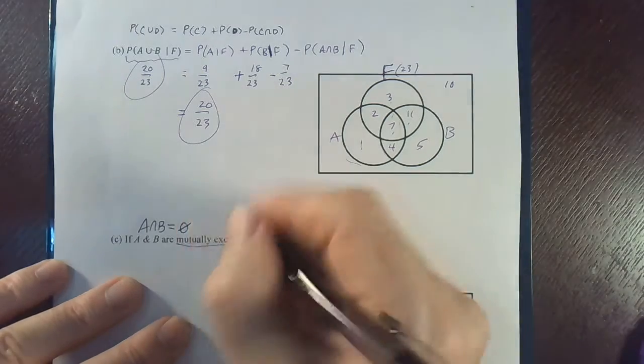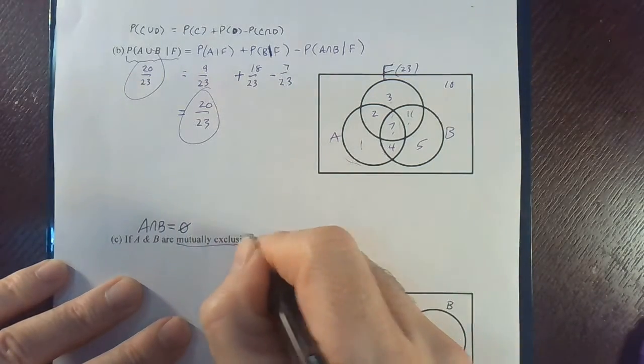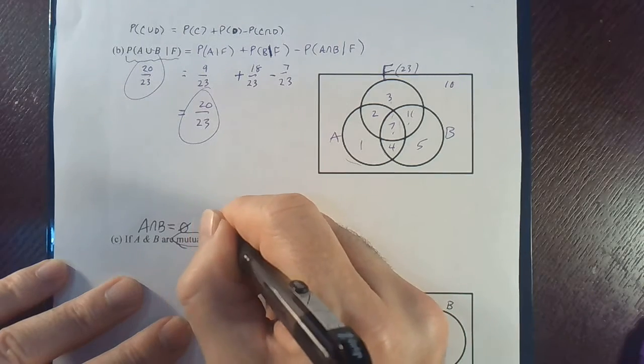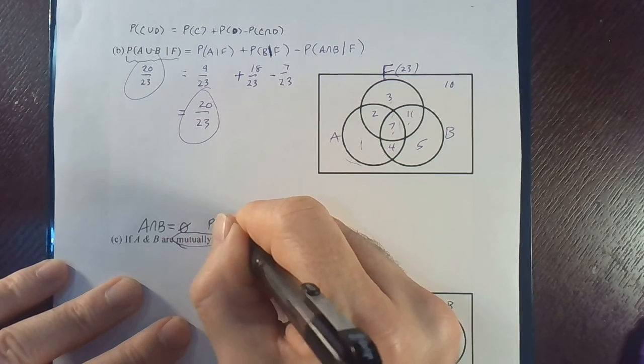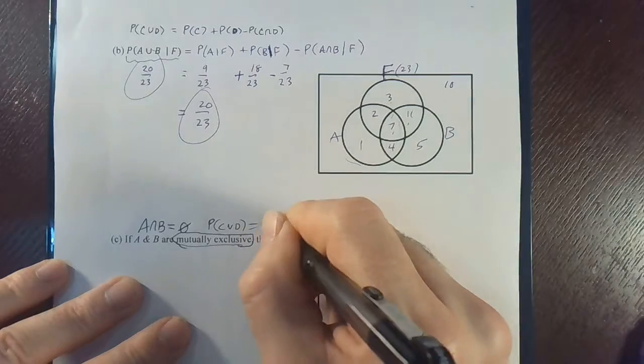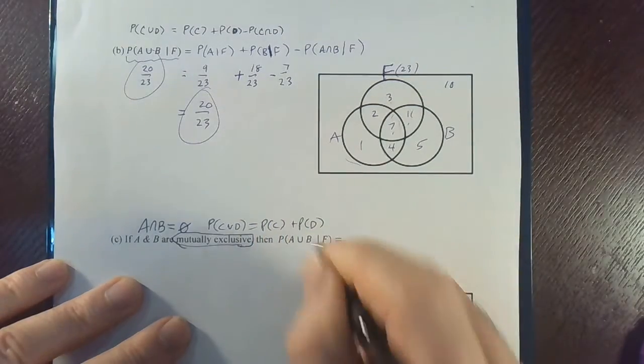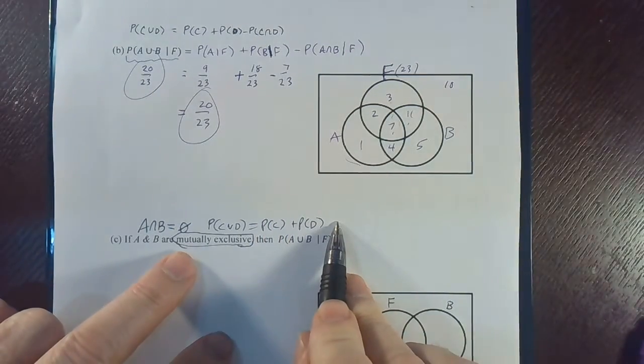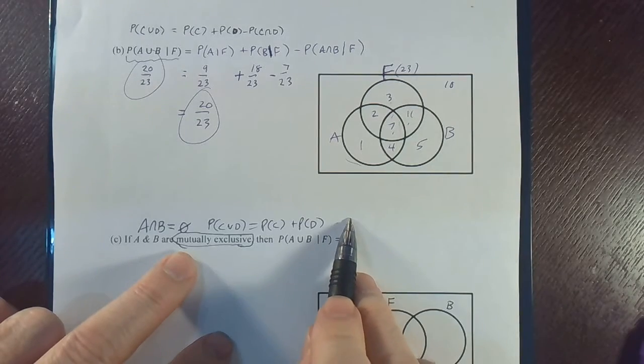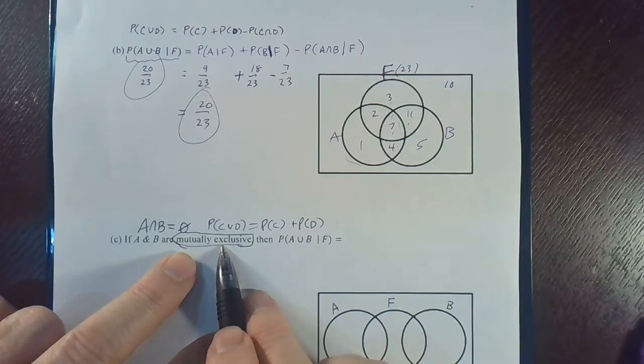So I could say if they're mutually exclusive, I'll use C and D again. C union D, the probability is the probability of C plus the probability of D. I don't have to subtract the probability of their intersection because the probability of their intersection is 0. They don't overlap at all. They share no common elements, the 2 events.